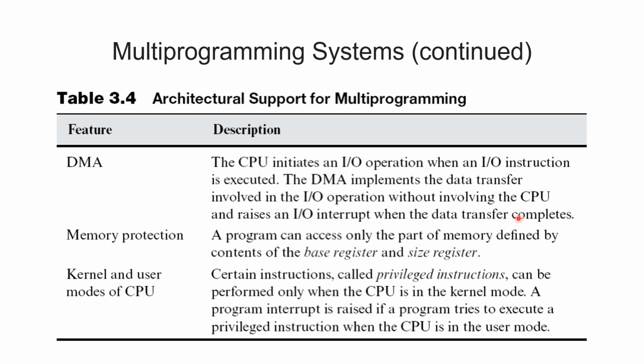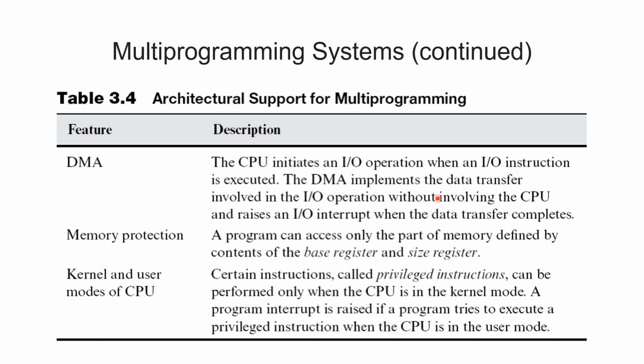So without involving the CPU, it directly transfers the data to the input output devices. Once the transfer is completed, it will raise the interrupt. That is called DMA, direct memory access.